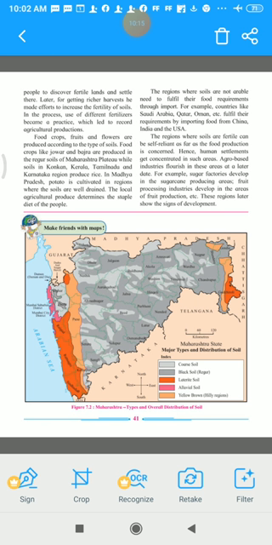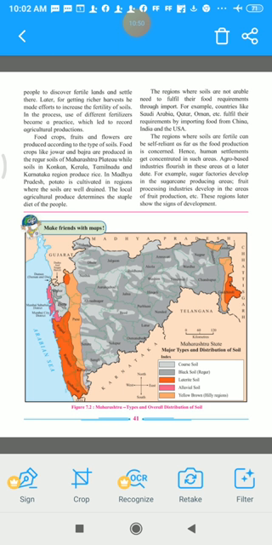Later, for getting richer harvest, he made efforts to increase the fertility of soils. Afterwards, man started doing what to make the land more fertile so that he can yield more crops? He started using fertilizers, so that he can get a rich harvest, a large quantity of crops. So he made efforts to increase the fertility of the soils. In the process, use of different fertilizers became a practice.